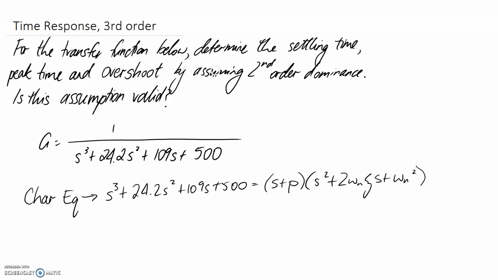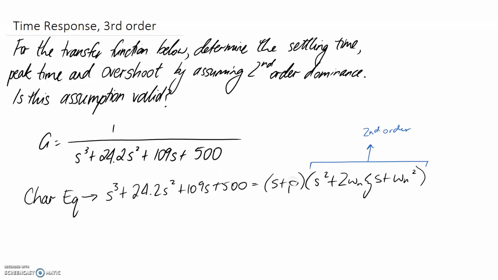So we're using this one because we're assuming that the second order part is dominant. So this is the second order part. Okay, we're going to assume that this is the bit that controls what the system actually looks like. The bit that is in here has almost no effect under our assumption.